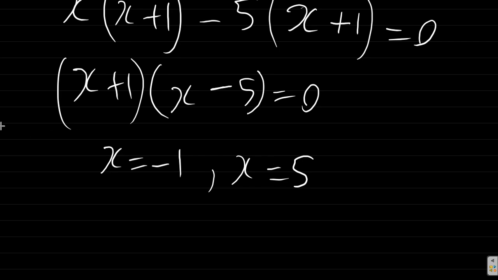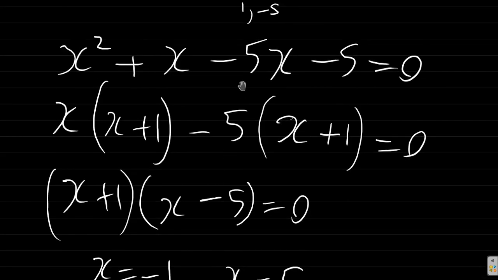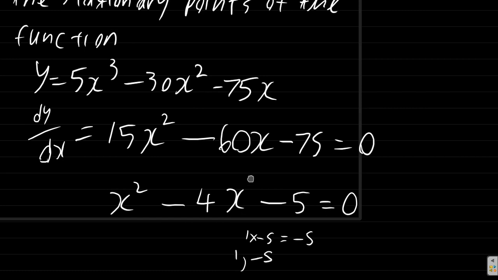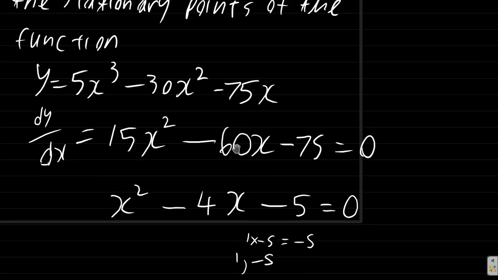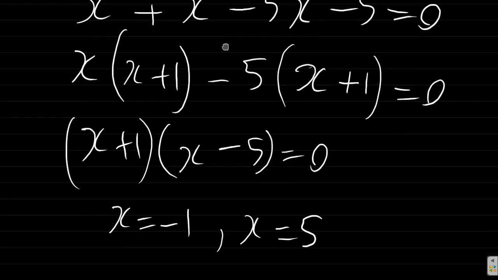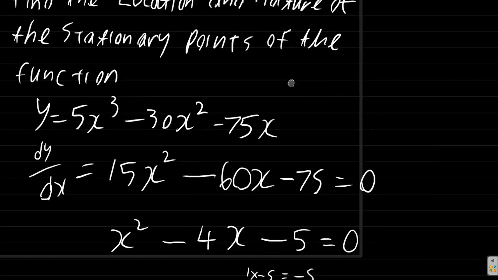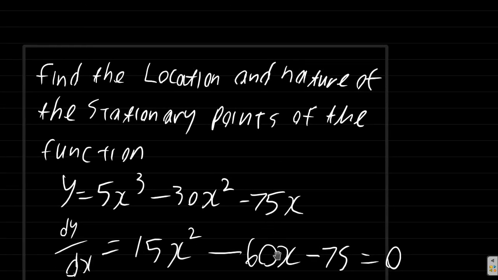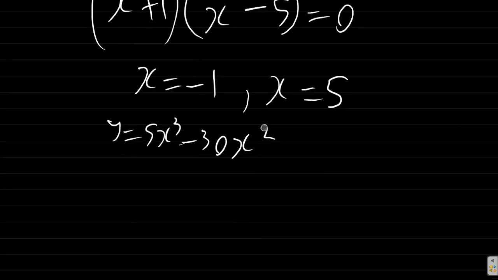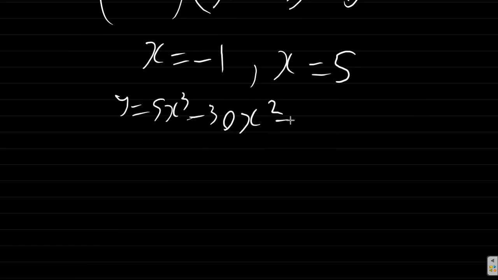Now, what's going to happen after this? We're going to have to find out the value of y. So y equals 5x cubed minus 30x squared minus 75x.